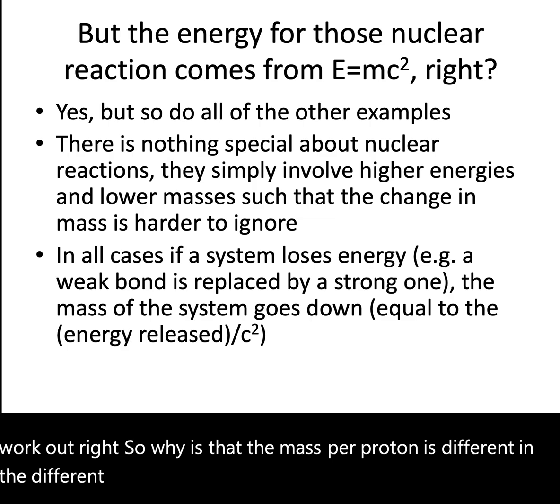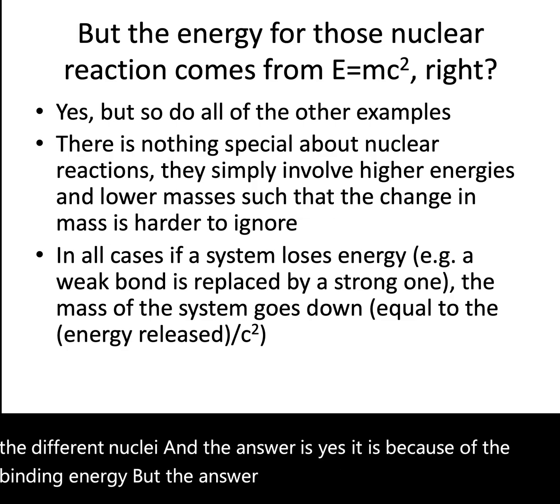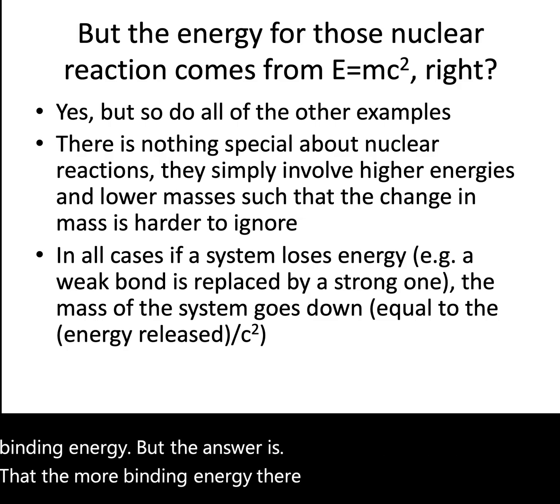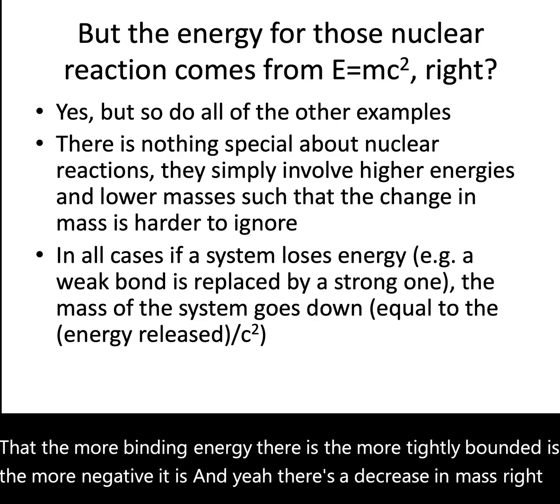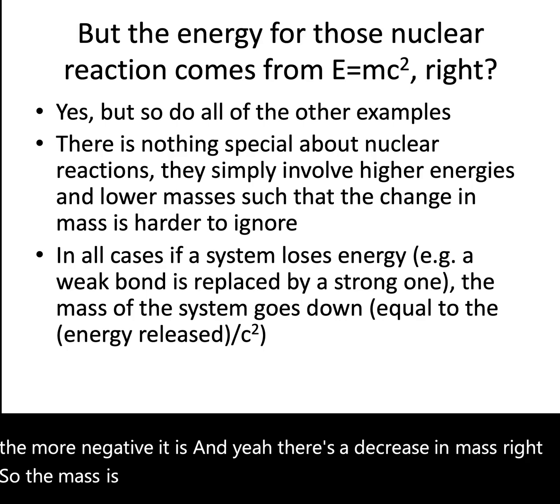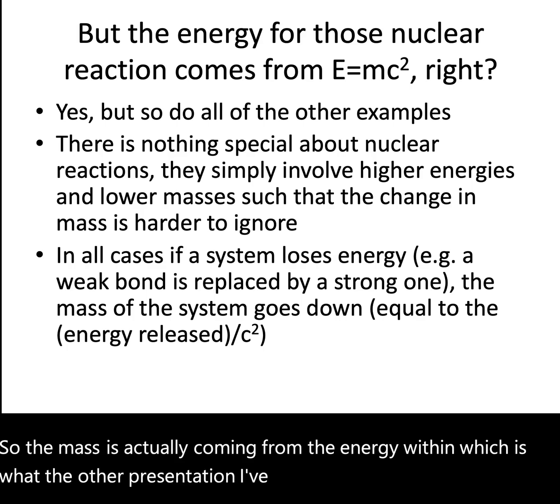And the answer is yes, it is because of the binding energy, but the answer is that the more binding energy there is, the more tightly bound it is, the more negative it is, and yeah, there's a decrease in mass, right? So the mass is actually coming from the energy within, which is what the other presentation that I've linked for you is about.